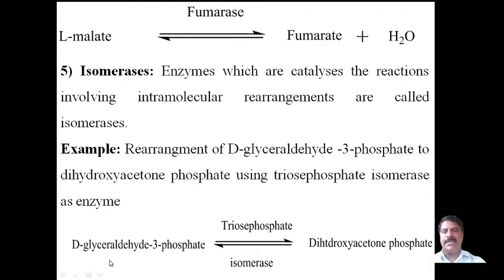Here D-glyceraldehyde 3-phosphate undergoes an isomerization reaction, and with triose phosphate isomerase it is converted into dihydroxyacetone phosphate. This is nothing but the conversion of one isomer into another isomer by using an enzyme called an isomerase.